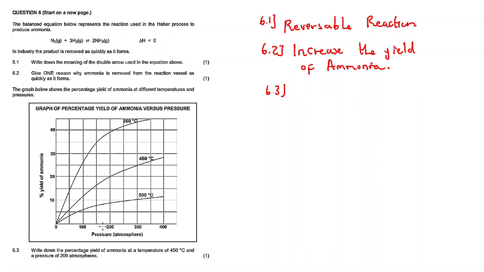So at a pressure of 200 we go up and look for 450 degrees, we get here, and the percentage yield is what? It is 20%. This is the percentage yield at these conditions, right?